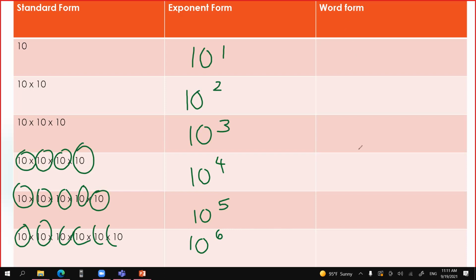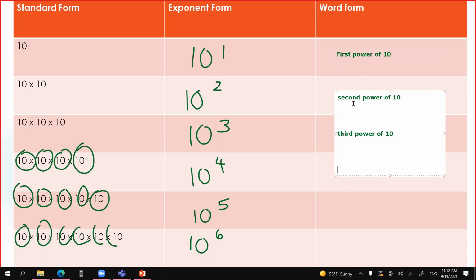Now, how will I write it in the word form? The first one, you have to say first. So look at me. First power of 10. The second one, second power of 10. Then here, what do we have? Third power of 10.